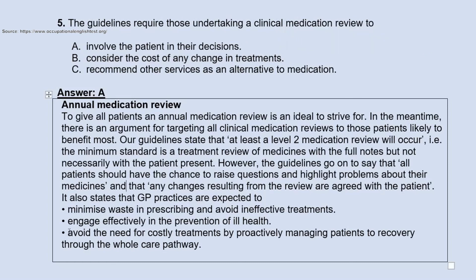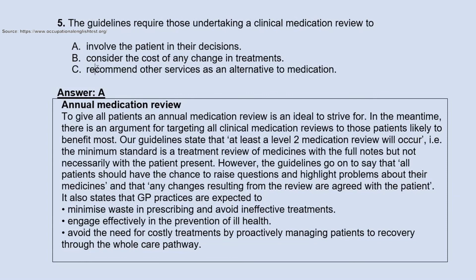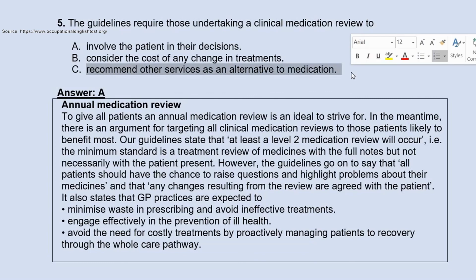In the last part you may see they are giving us information that avoids the need for costly treatments by proactively managing patients to recover through the whole care pathway, and this information has got nothing to do with option B. So option B is wrong, or you may say it is something which has not been mentioned. And option C, recommend other services as an alternative to medication. That's clearly not given. There is no information regarding option C anywhere in this paragraph.